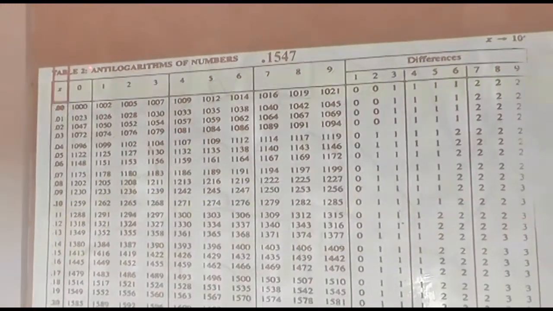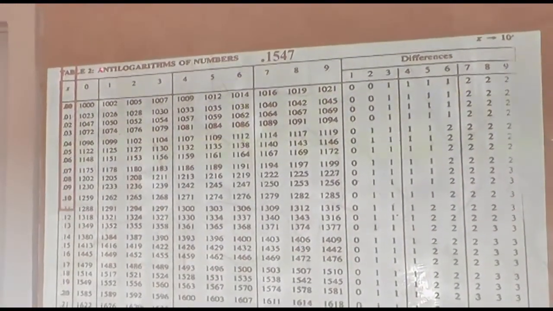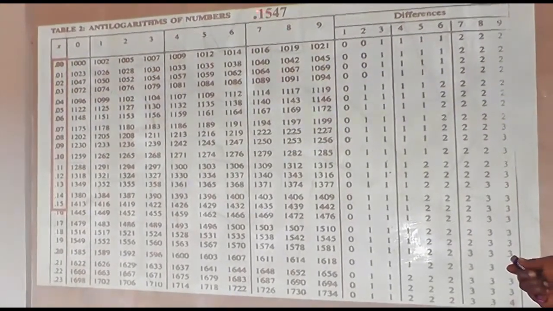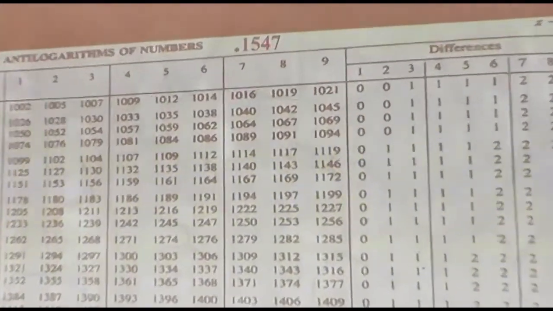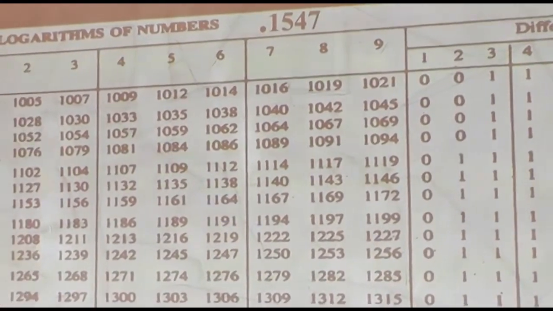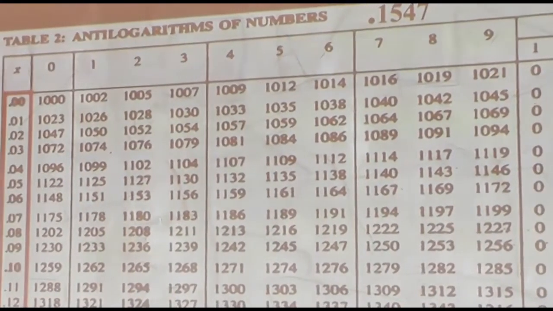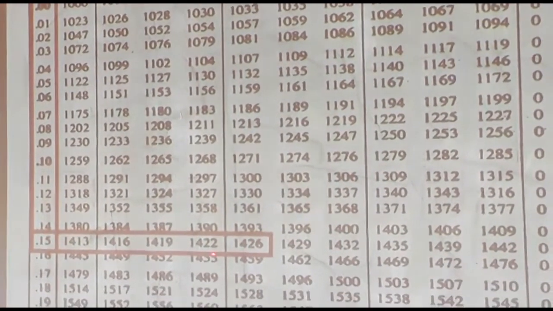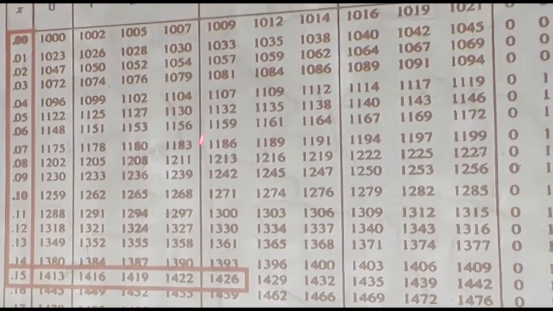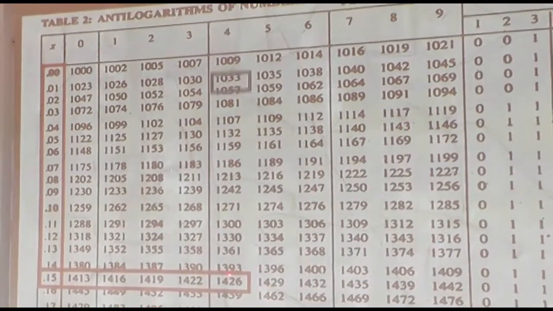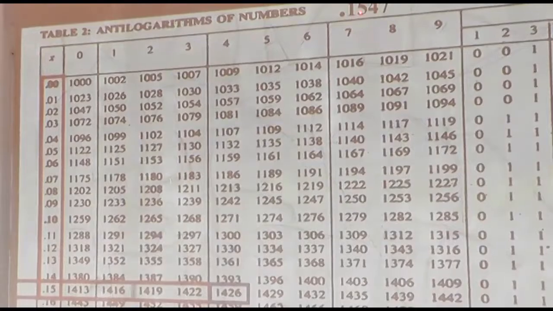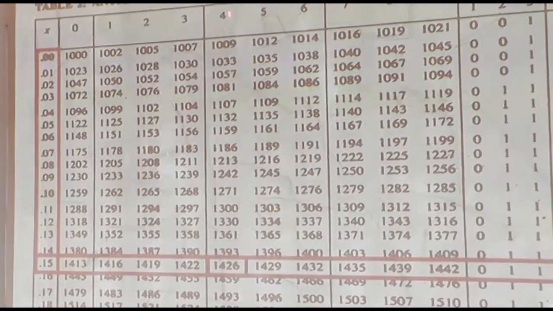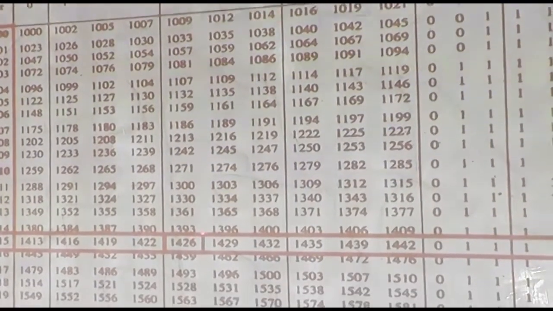So we are going to look at the antilogarithm table. We will locate 15 under x, then we'll find the row headed 4, then we'll find the difference of 7. So here, this is the antilogarithm table. The title is always given, antilogarithm of numbers. And we are finding 1547. So I'll come under the column x and locate 15, then move straight along this row to the column headed 4, which is the third digit.